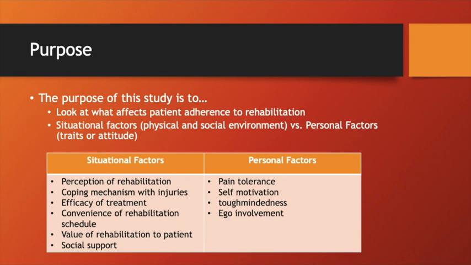Is adherence caused by situational factors such as social support, coping mechanism, scheduling conflicts, etc.? Or is it because of personal factors such as pain tolerance, ego, the thinking that they need to be tough and not show weakness, or motivation? I have provided in this slide other examples of what situational factors and personal factors entail.